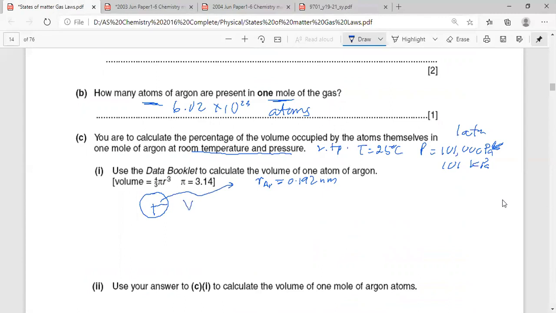So the volume per atom is 4/3 times pi, 3.14, times the radius cubed. Now, 10 to the power of minus 9 meters is equal to 1 nanometer, so changing to meters will be 0.192 times 10 to the power of minus 9 meters.